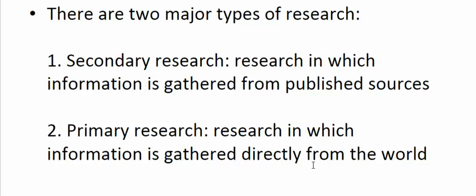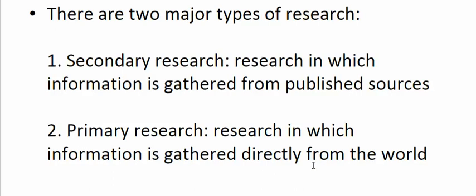A research article that reports the results of a study for the first time is called a primary source because the author who wrote that article did primary research. The author went out and gathered new original data, maybe by doing a survey, and then the person published an article that reports his or her findings.